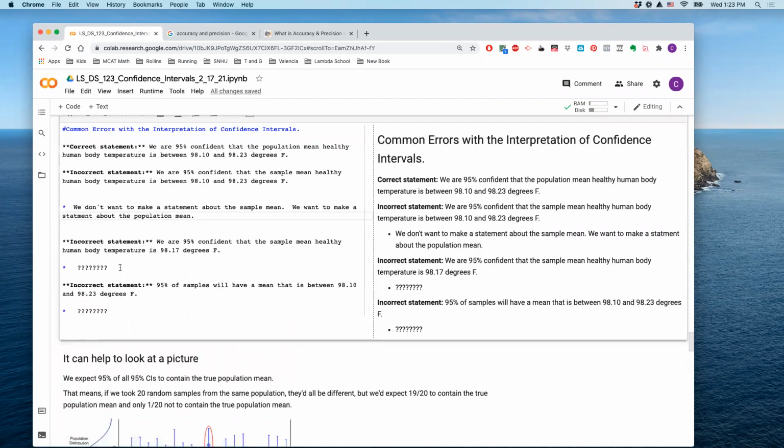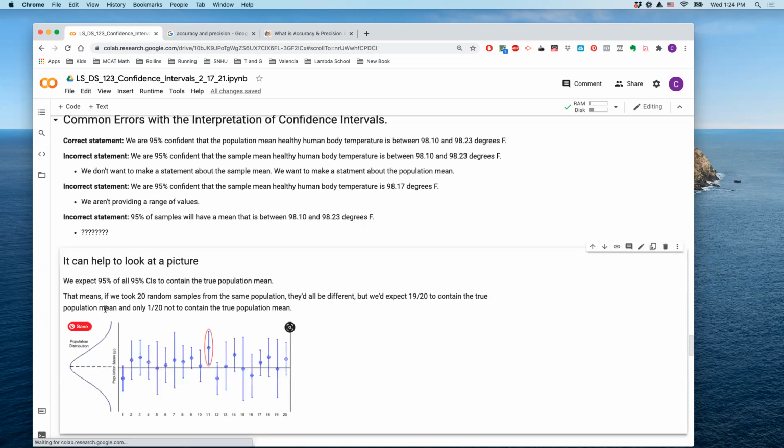So CJ says we are not providing a range. Andrew said the same thing. So in that case, we're thinking that the population mean is probably exactly equal to the sample mean. Well, we don't think it's probably exactly equal to the sample mean. We just think that it's within a range of the sample mean. So that's our incorrect statement.